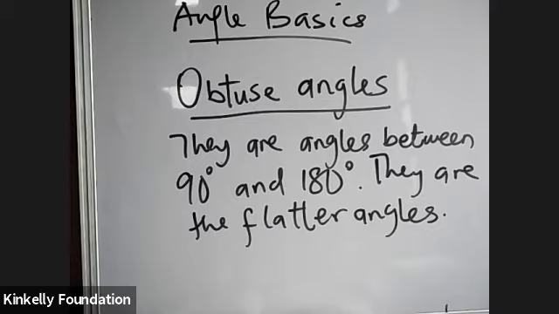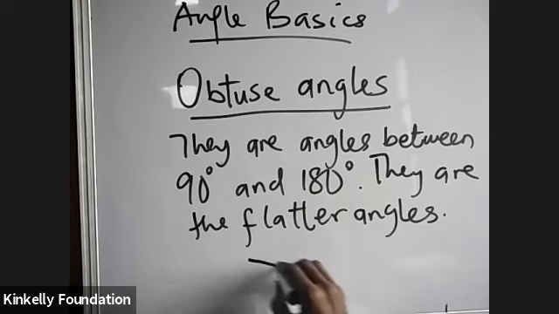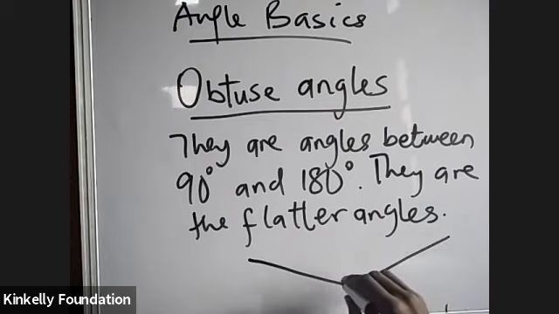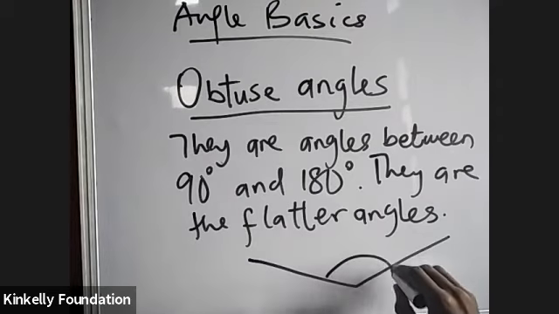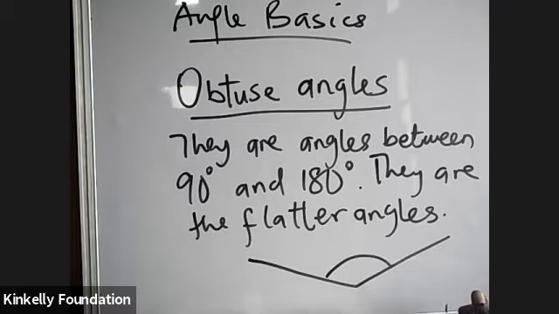What do we mean by these flatter angles? It can be like this. You see it now. This is the shape of an obtuse angle.